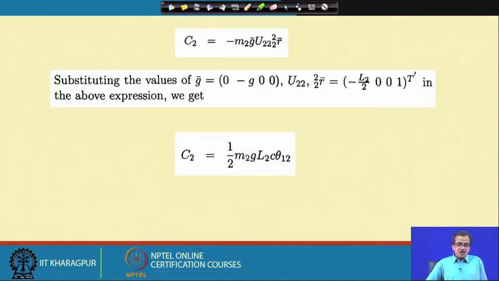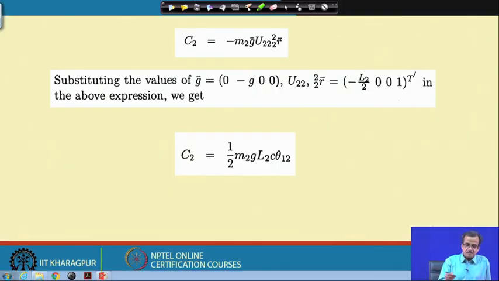Now, let us see how to determine the expression of C 2 following the same method. C 2 expression I have already got, and exactly in the same way G has to be written. U 2 2 is known, R 2 with respect to 2 is also known, and if you multiply, then I will be getting this C 2, that is half m 2 g L 2 cos of theta 1 plus theta 2.